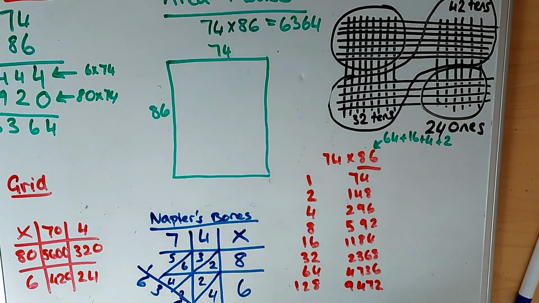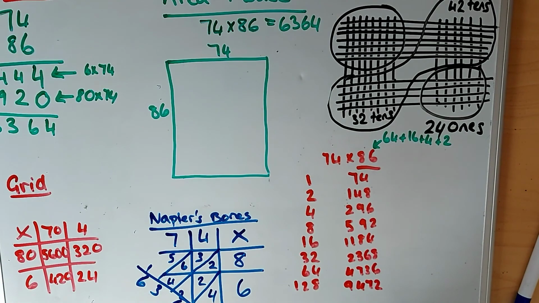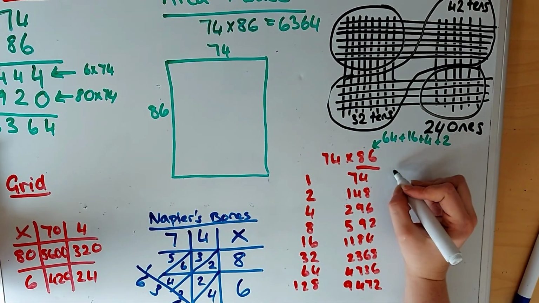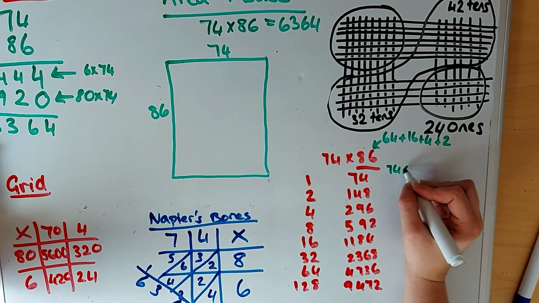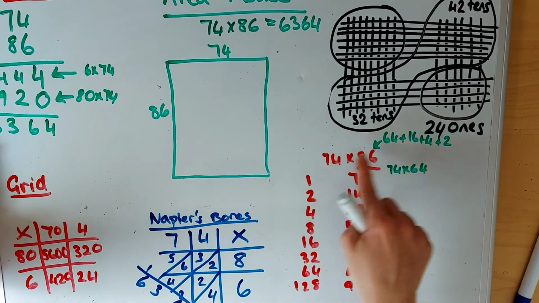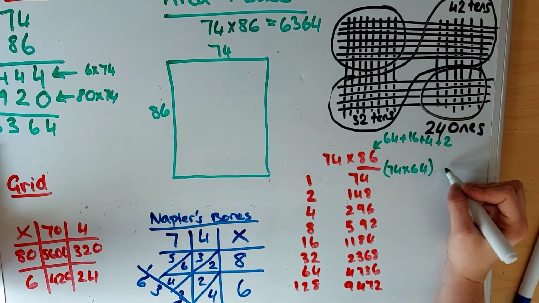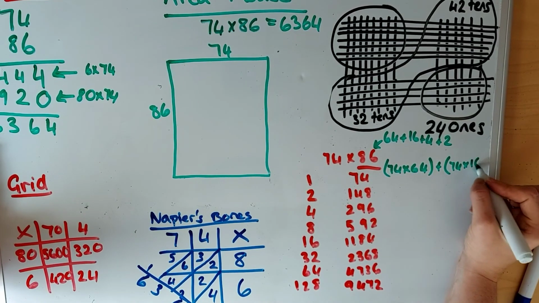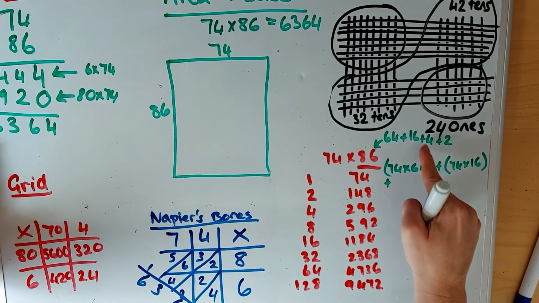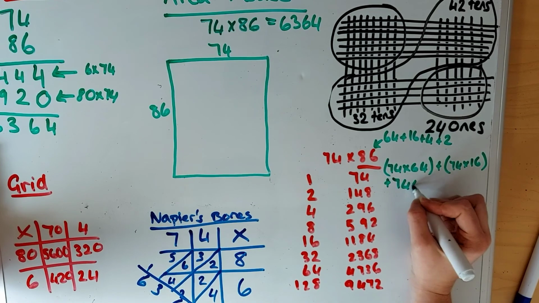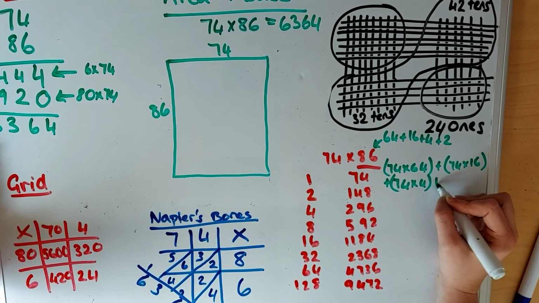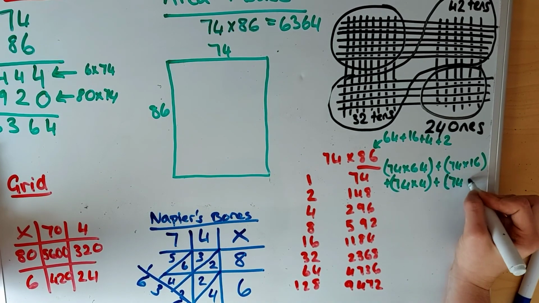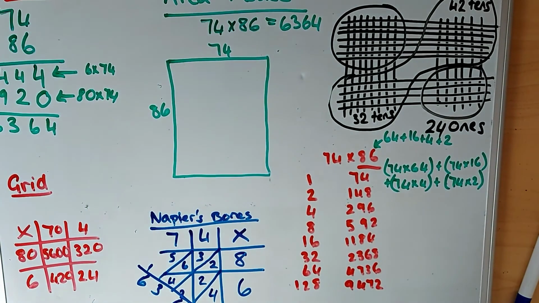And then what I need to do is I do 74 multiplied by 64, plus 74 multiplied by 16, plus 74 multiplied by 4, plus 74 multiplied by 2.